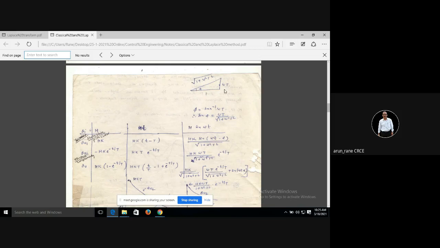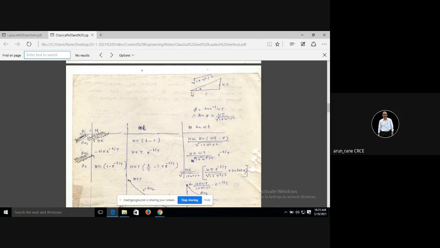So from this you can get sin of phi as opposite upon hypotenuse, that is omega T upon root of 1 plus omega square T square. Similarly, you can get cos of phi also.